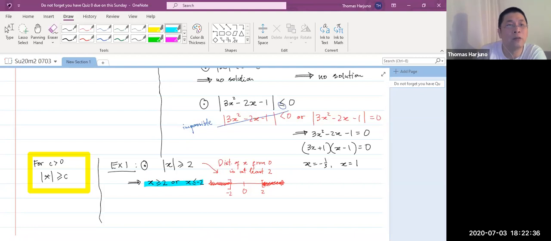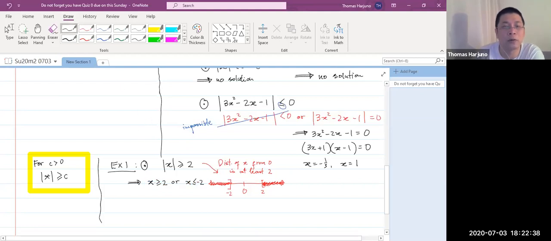Then from there you write the interval notation: negative infinity up to negative 2 union 2 to infinity. You can take a look at the red diagram there to see how I get this interval notation.